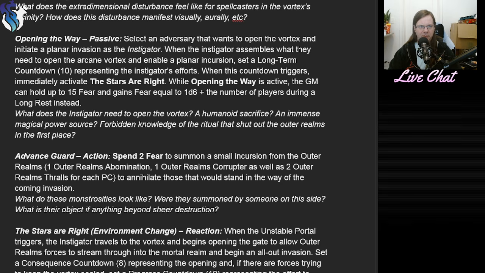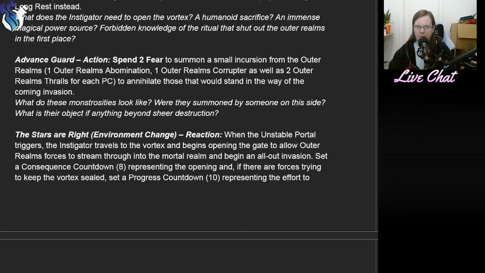Looking back here, I kind of feel like I want something more from Advanced Guard. Right, we're spending fear to do it, which, right, this is what we're talking about.